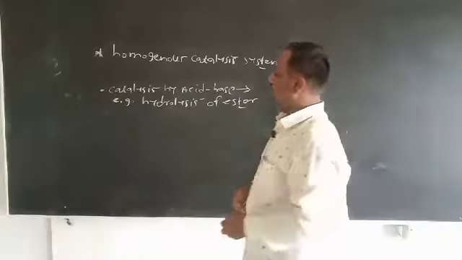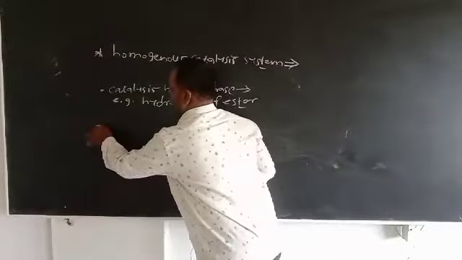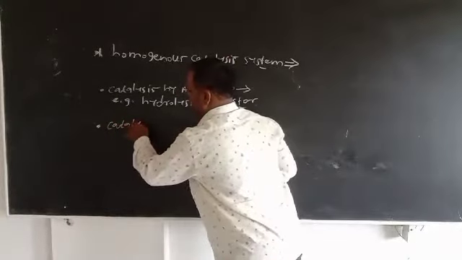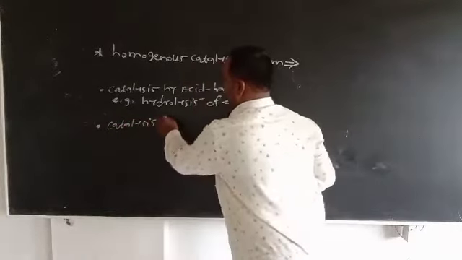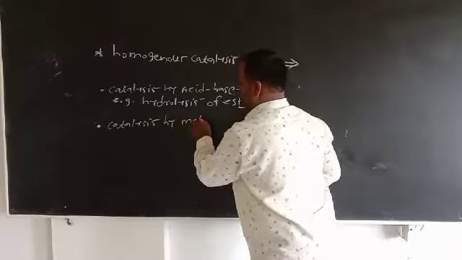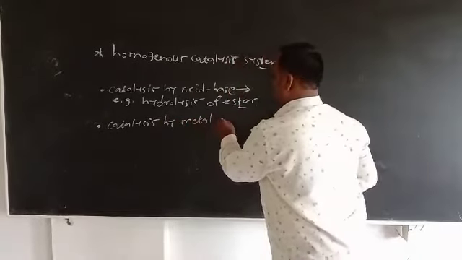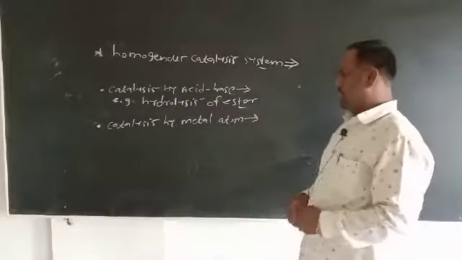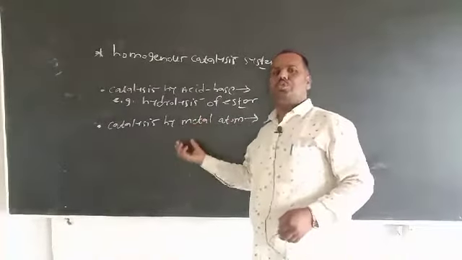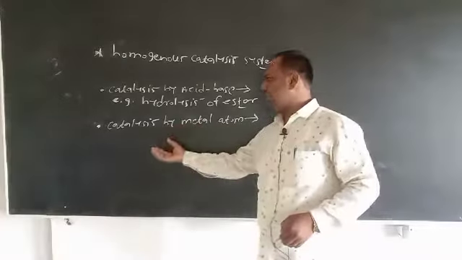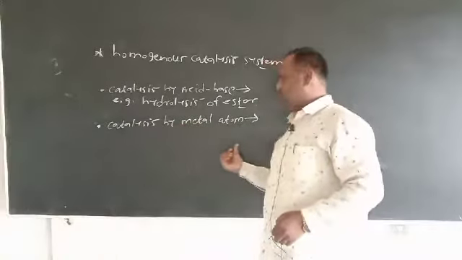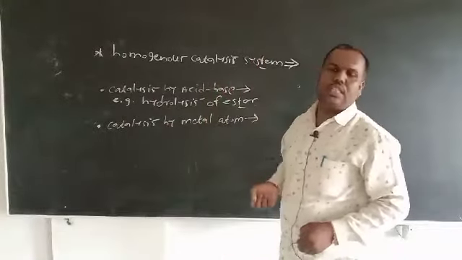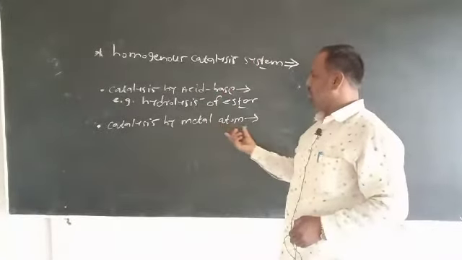The second important system is catalysis by metal ion or metal atom. A metal atom is used as a catalyst for conversion of reactant into the product. So this is the second homogeneous catalytic system, catalysis by metal atom.